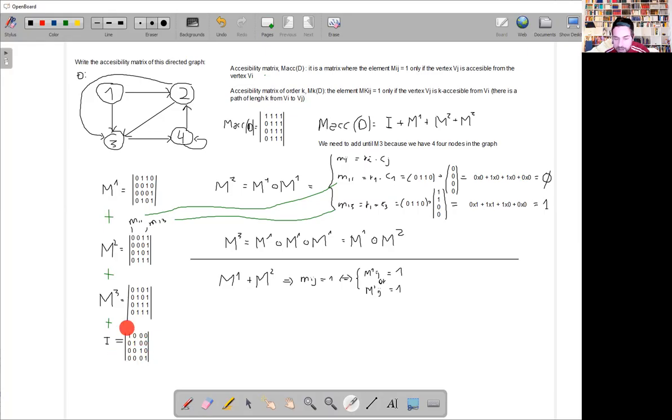And of course, this is the identity matrix, which means that every node is linked to itself, accessible from itself. So if there is a 1 on any of these positions, we put a 1 in the accessibility matrix. So let's write it here.